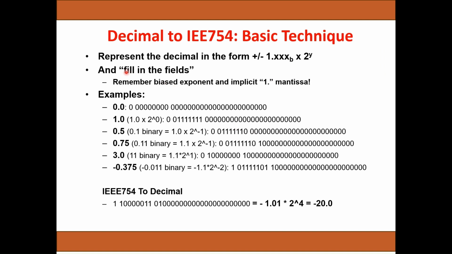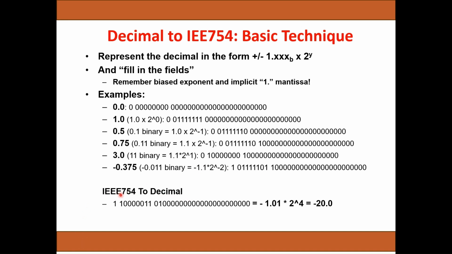Now, if you want to practice how to represent decimal numbers as floating point numbers, all these examples are given here with their solutions also. And this conversion can be both ways: decimal to IEEE 754 or IEEE 754 to decimal.